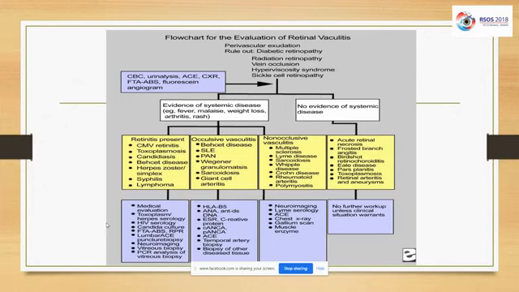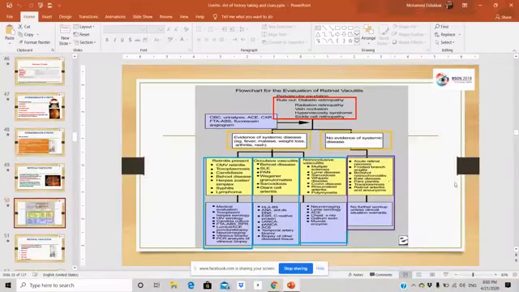If you have a patient with retinal vasculitis, first you need to rule out some diseases that can be associated with vascular changes resembling retinal vasculitis. So first, rule out diabetic retinopathy, radiation retinopathy, vein occlusion, hyperviscosity syndrome or venous stasis, and sickle cell retinopathy.